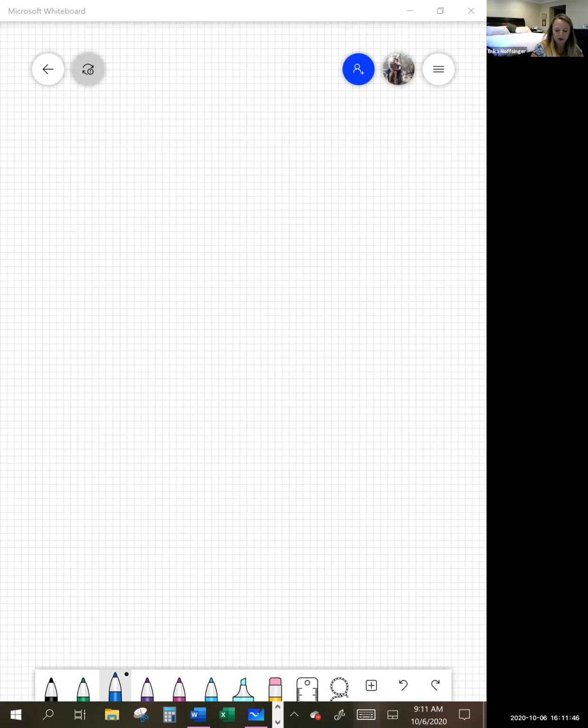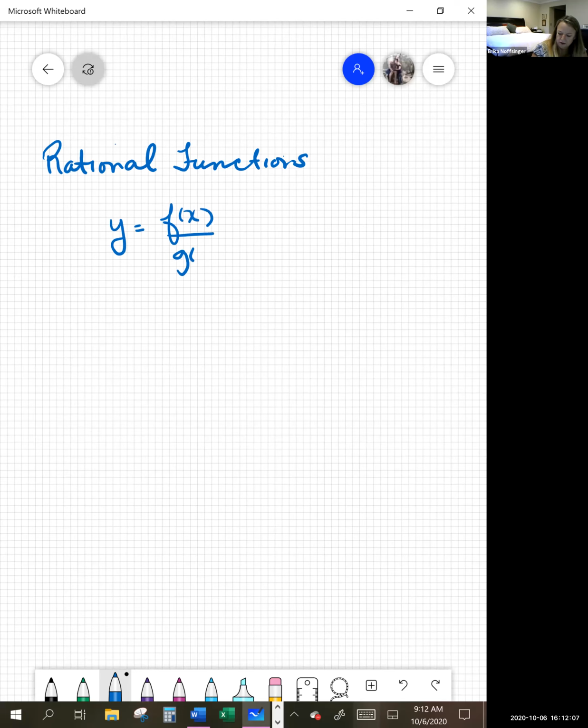We're jumping into graphing rational functions. Rational functions are in the form y is equal to some f of x over g of x, where f of x and g of x are polynomials.